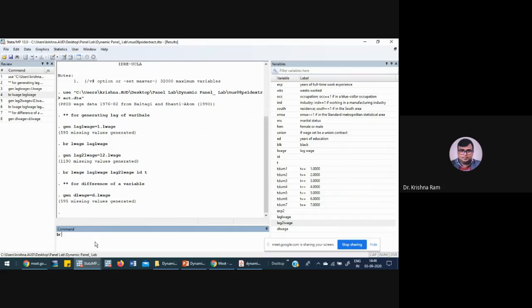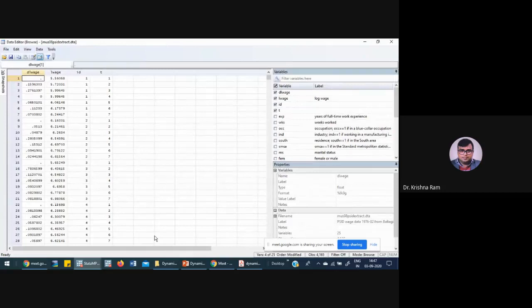Again, we can check this one. Browse the log difference of wage, then LWAGE, ID and T. Since this is the wage data set, and this is the difference of wage, the difference of wage is calculated by subtracting the first period log of wage value from the second period log of wage value.